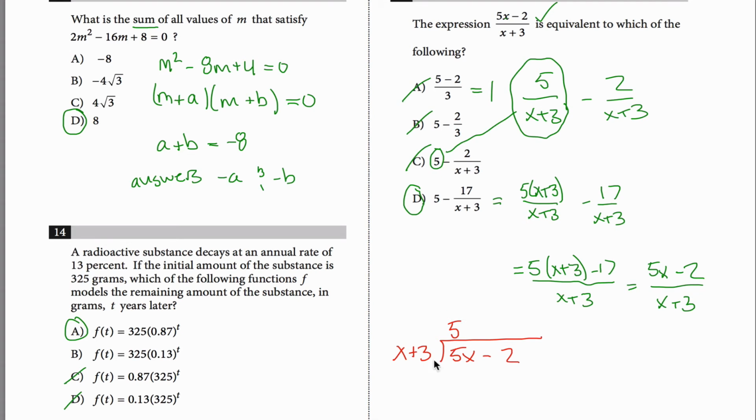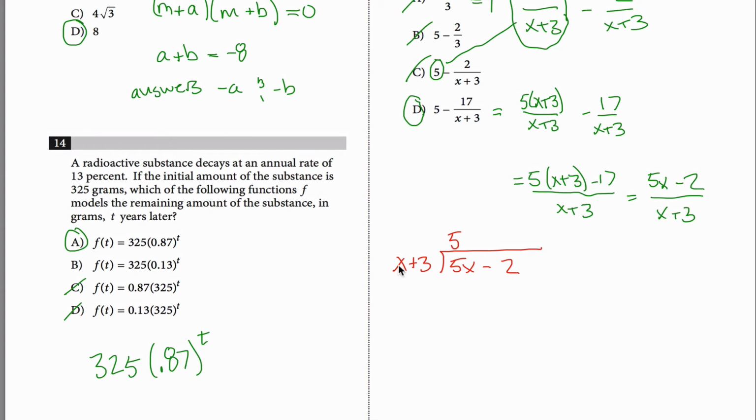So you say, all right, I could get 5 of these things in there. But if I multiply 5 times x plus 3, I get 5x plus 15. And now when I subtract, my x's go away, but negative 2 minus 15 is this negative 17. So what I get is that this number goes into this number 5 times with a remainder of negative 17.